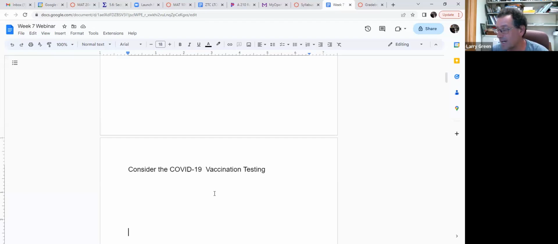Finding volunteers is impossible, and there are also ethical issues. So instead they gave people shots and waited a while. Let's suppose 10% of the people are getting COVID on average. Then you have to have np and nq bigger than 5 just to use the central limit theorem, right?